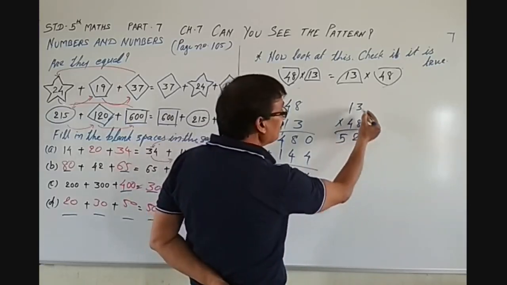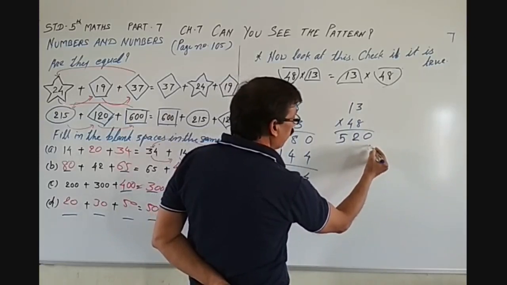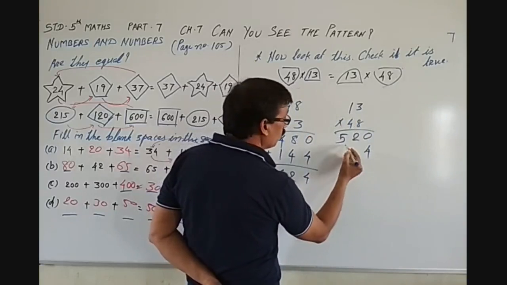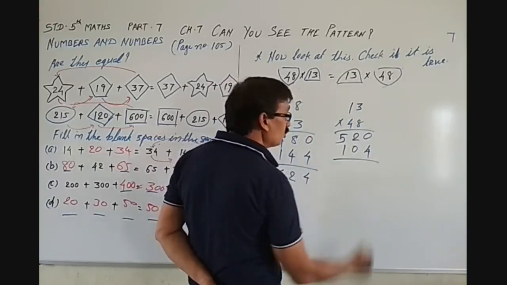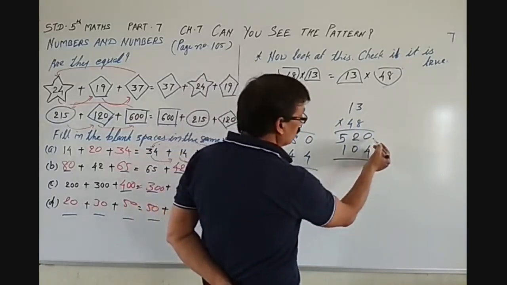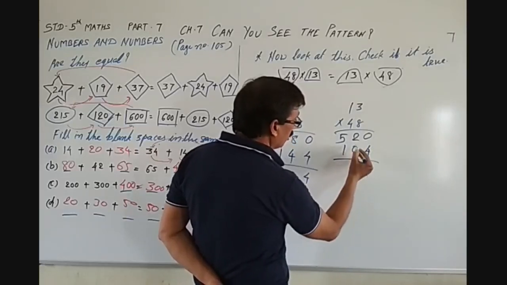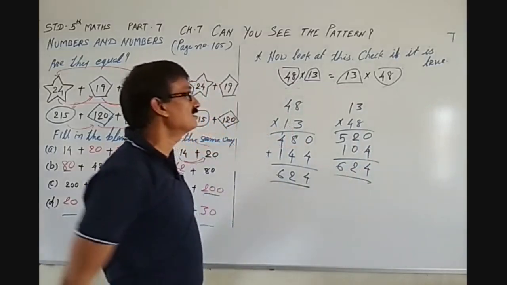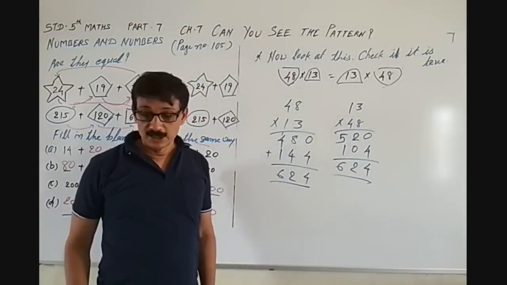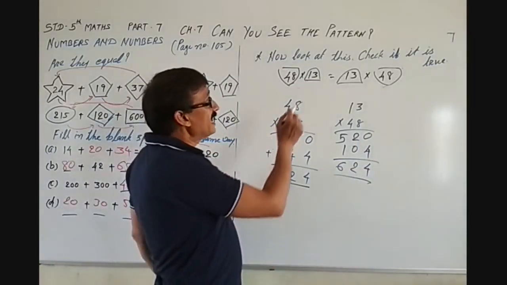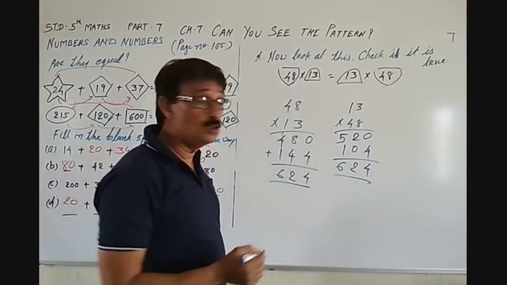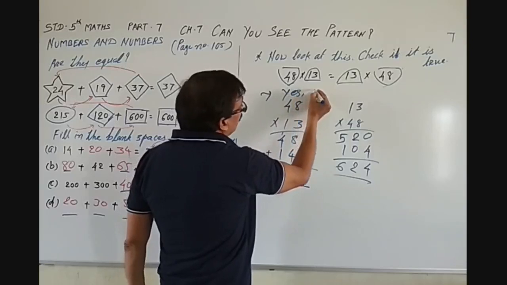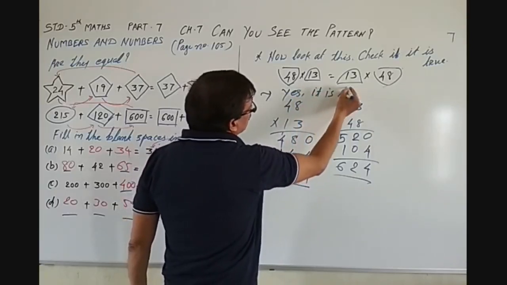Then 8 3s are 24, 2 carry, 8 ones are 8 plus 2, 10, 4. Now 0 plus 4, 4, 2, 6. You can see both the answers are the same, isn't it? So the answer to check if it is true is yes. It is.